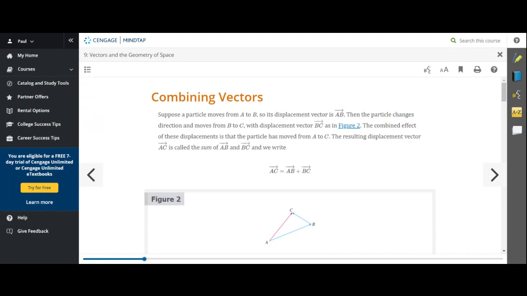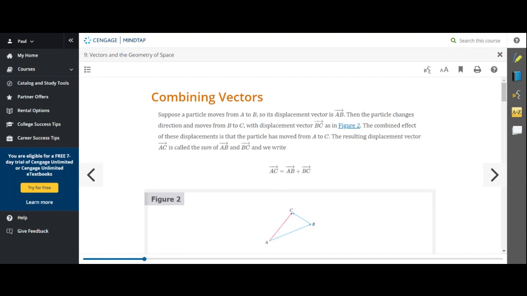Now, we want to combine vectors. It's important to be able to combine vectors. So, for instance here, in figure 2, they have a vector AC, and the vector AC would be equal to the vector AB plus the vector BC. So when you add vectors, you add them tip to tail.